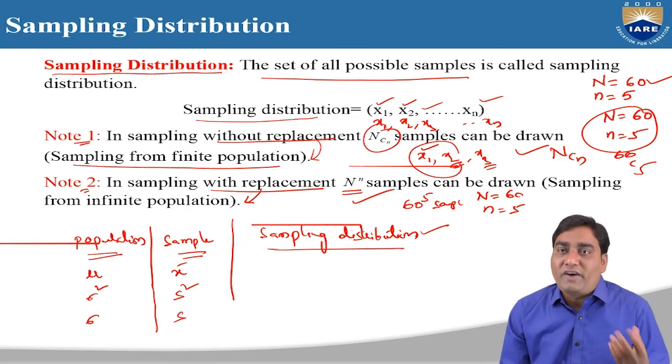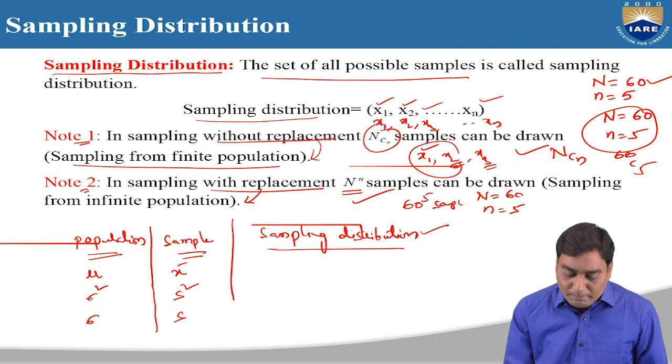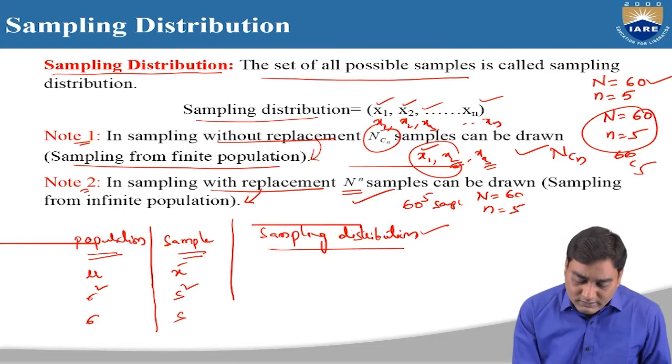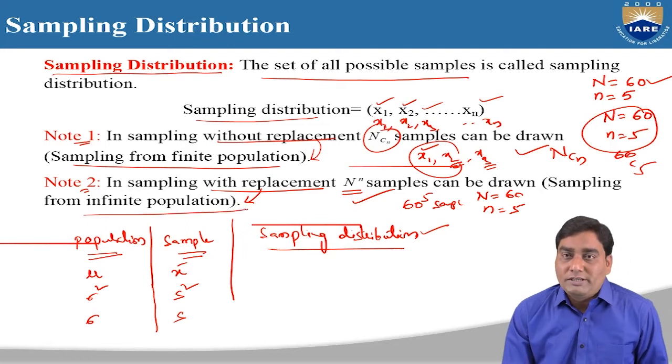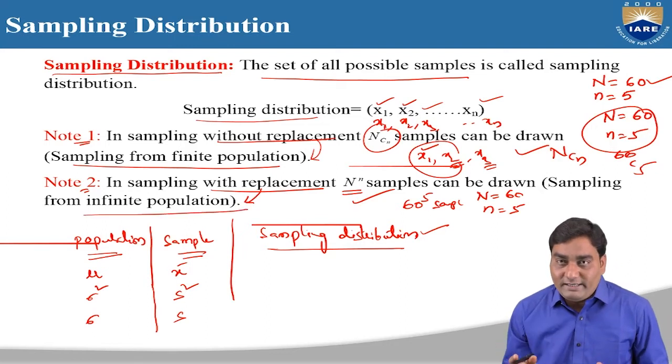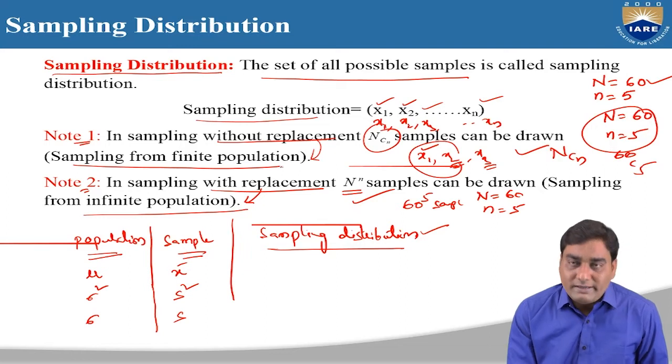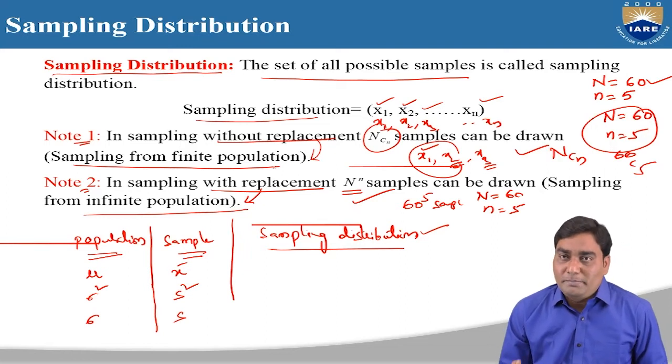That's why it is a finite population, not infinite. But in the with replacement case, it is called an infinite population because the population never ends. And without replacement is known as a finite population because the population will end, because we are not replacing.